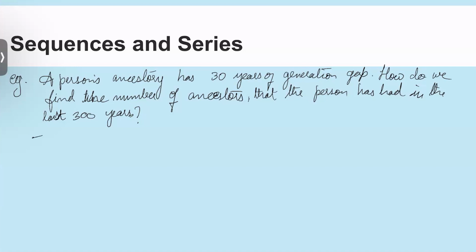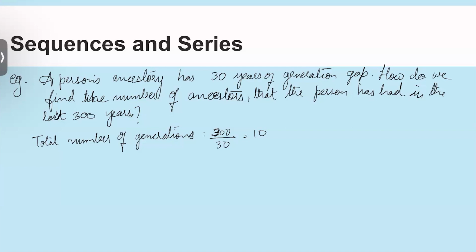So you can get the total number of generations as 300, the total years that we are being asked, divided by the generation gap, 30, so that is going to be 10. Okay, so the person has had 10 generations. That means 10 sets of ancestors.